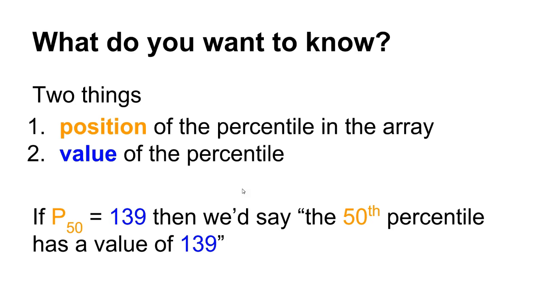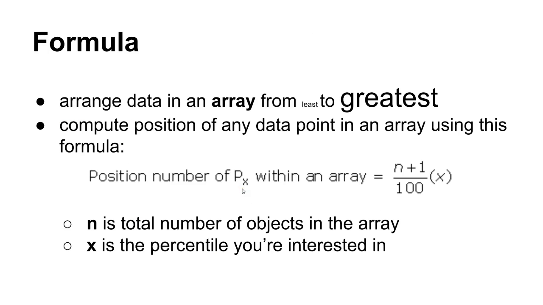Okay? So those are the two things that we care about when it comes to percentiles: the position, which is P50, and the value, which in this case happens to be 139. Could just as easily have been P41, and your value could have been 10,266,023.